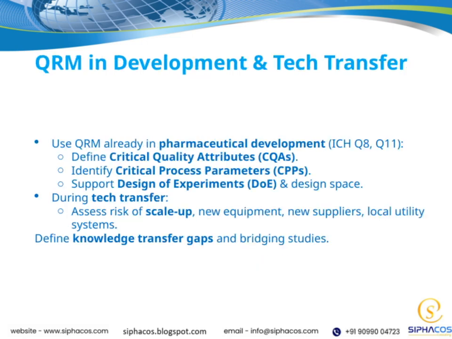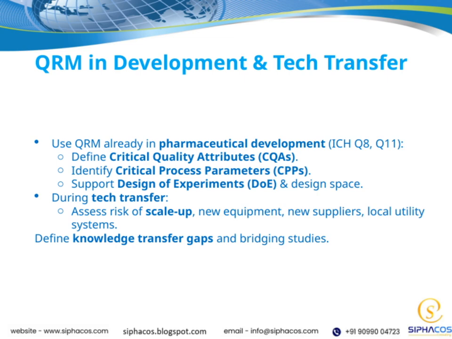Now, when we talk about using QRM already integrated into pharmaceutical development, we focus on a few key areas. First, defining critical quality attributes, or CQAs, is essential because these are the properties that must be maintained within specific limits to ensure product quality.